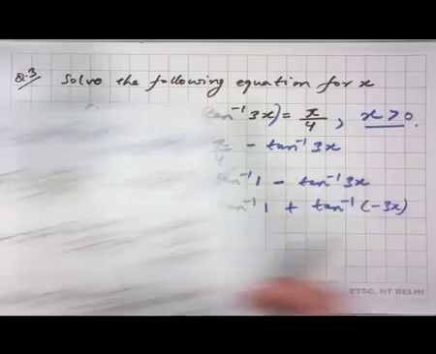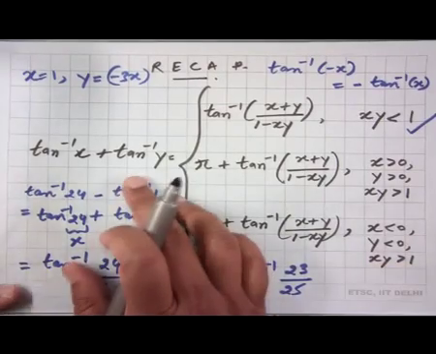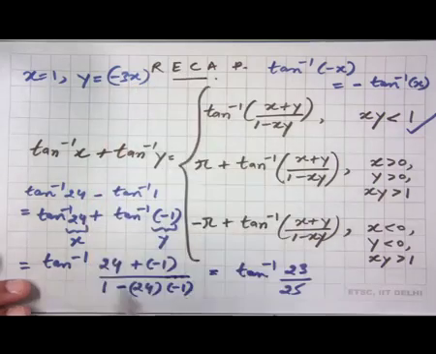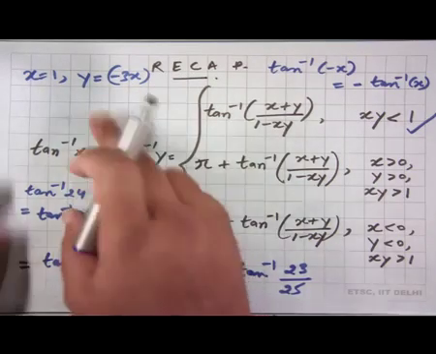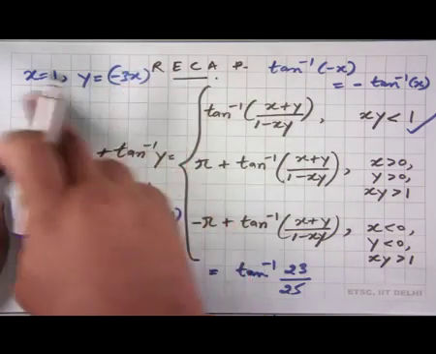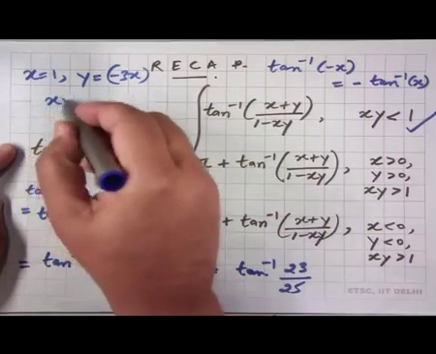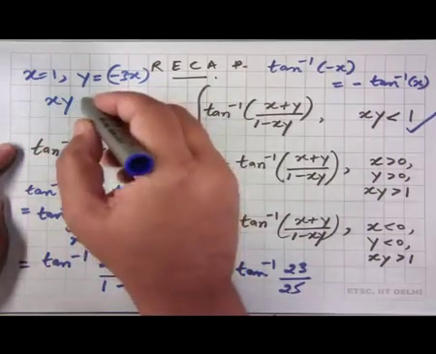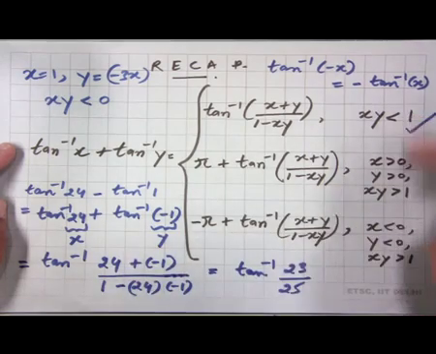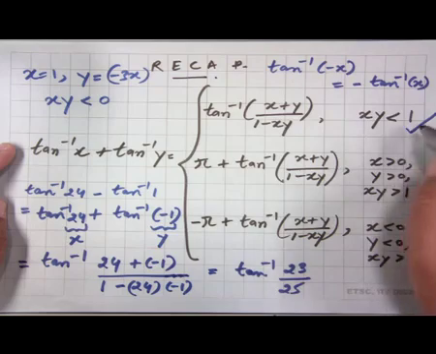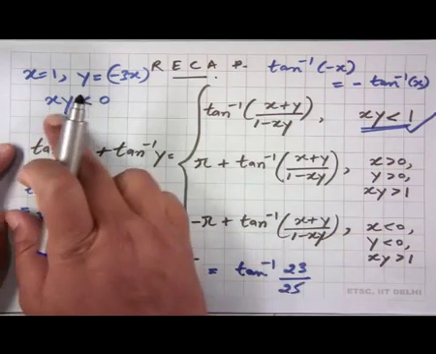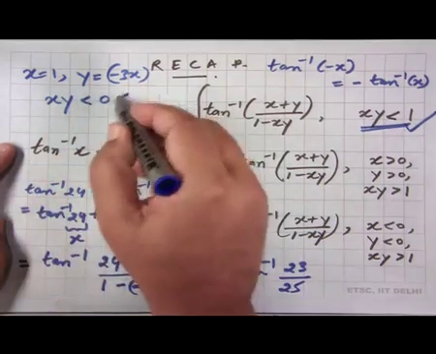So, again coming back to the tan inverse x plus tan inverse y formula. Now, we know that x is positive for our problem here. What that means is that y is negative because y is minus 3x, and therefore, x times y is less than 0. So, out of these three cases, our case will basically be this particular case, because for us xy is less than 0 and of course 0 is less than 1.